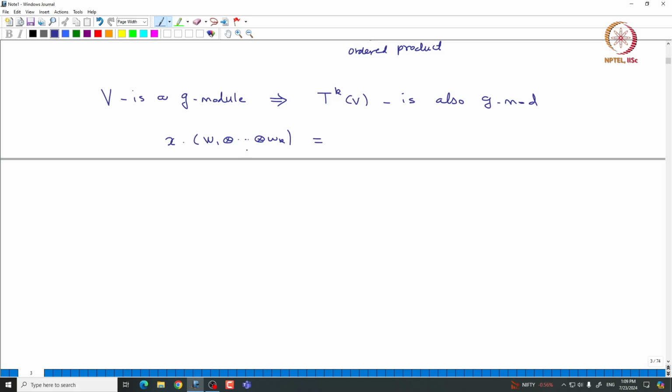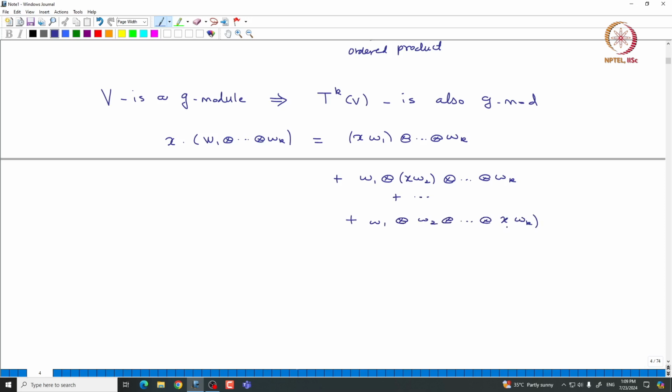So, if you take some simple tensor W1 tensor etc. Wk, x acting on that by derivation, what does it mean? So, it means x first acts on the first coordinate, and you have all the remaining coordinates as they are, then it acts on the second coordinate, then all other coordinates stay as they are, and so on. Then finally, it acts on the last coordinate. Okay.